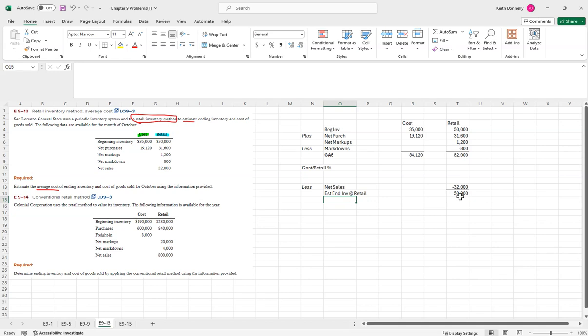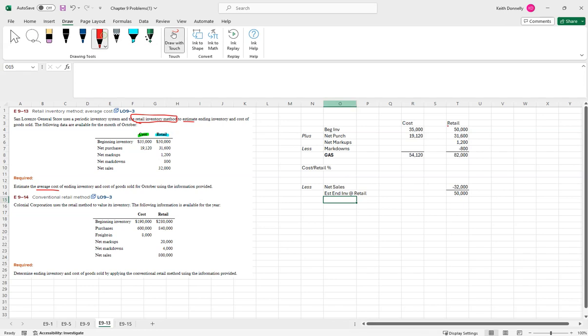So far, all we've done is plug things in. Now we've done step one: we've worked our way down to estimated ending inventory at retail. Now we're going to do step two.